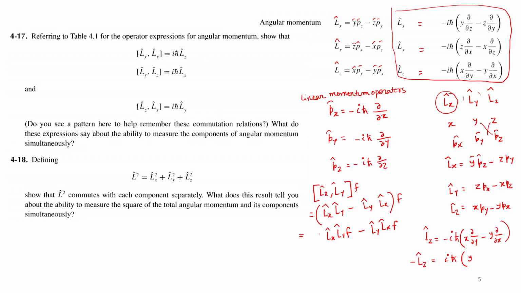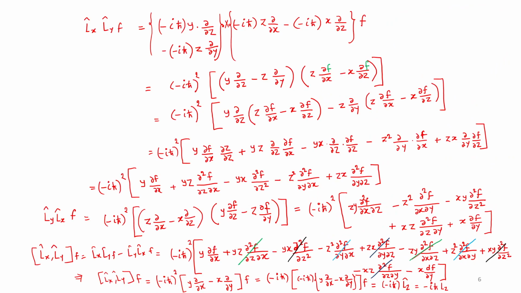So let me write it like this: minus iħ (y ∂/∂x minus x ∂/∂y). So this is what we got: not Lz but minus Lz. So it becomes plus iħ Lz. So what we got is, Lx comma Ly, the commutator, equals iħ Lz.